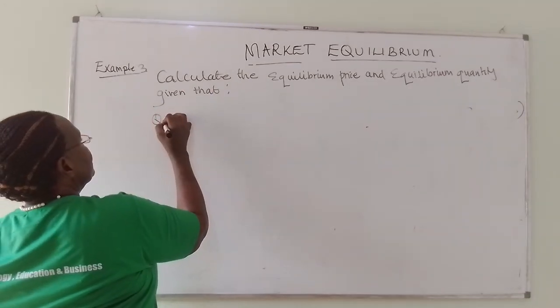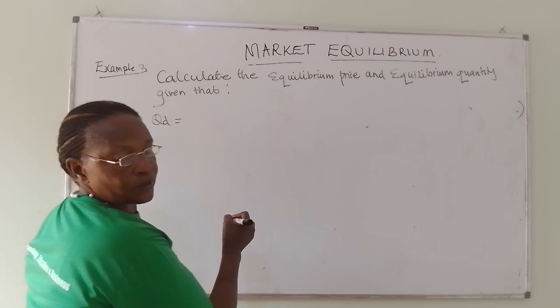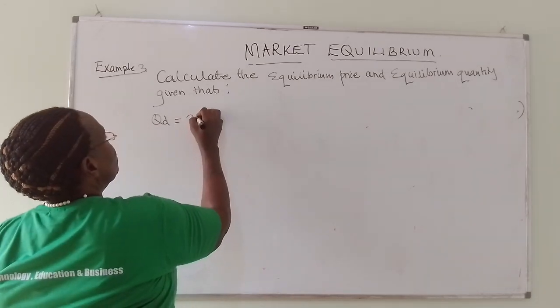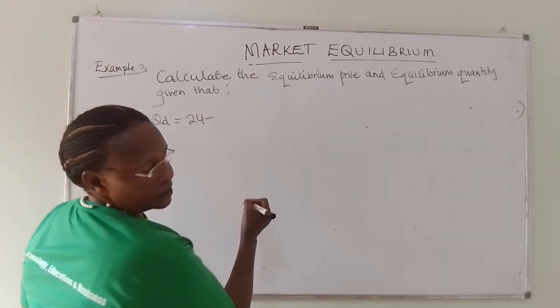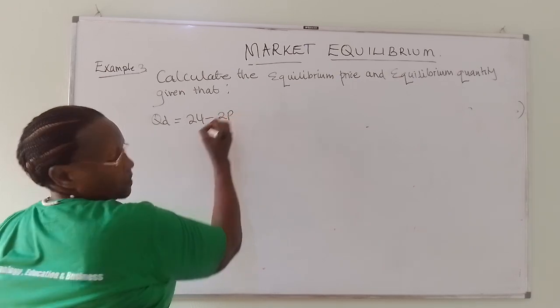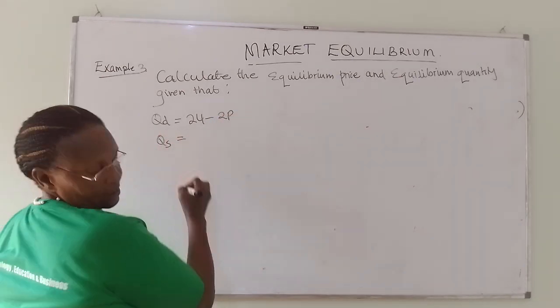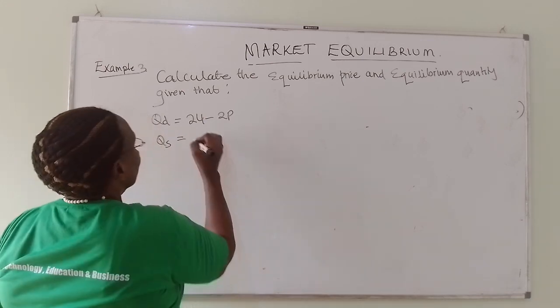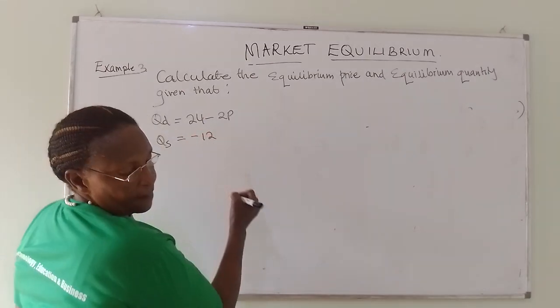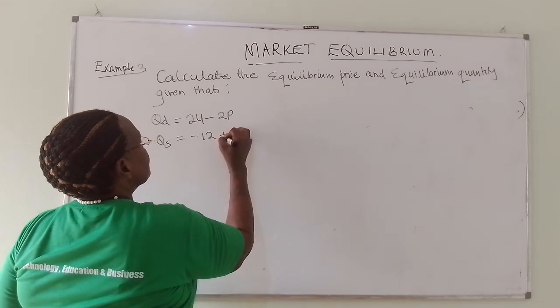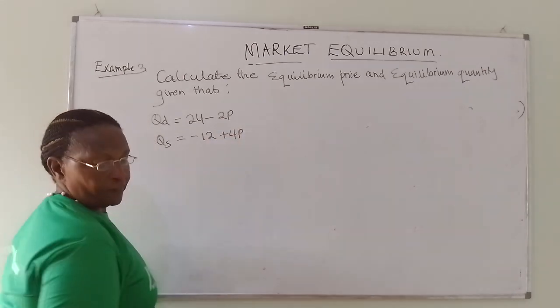quantity demanded equals 24 minus 2p, yet quantity supplied is negative 12 plus 4p.